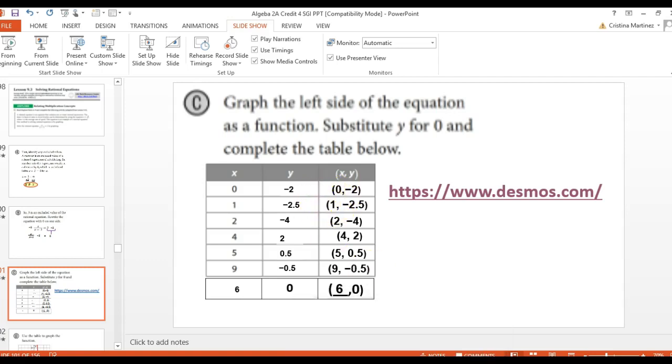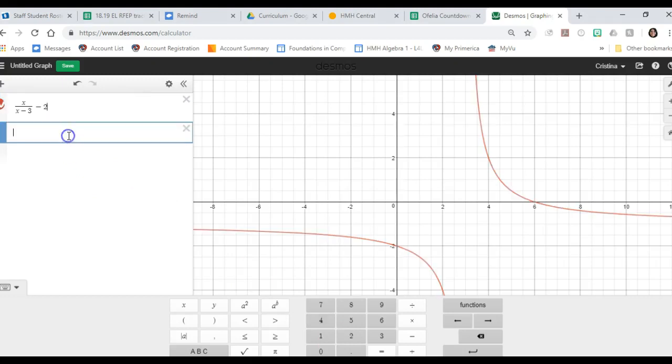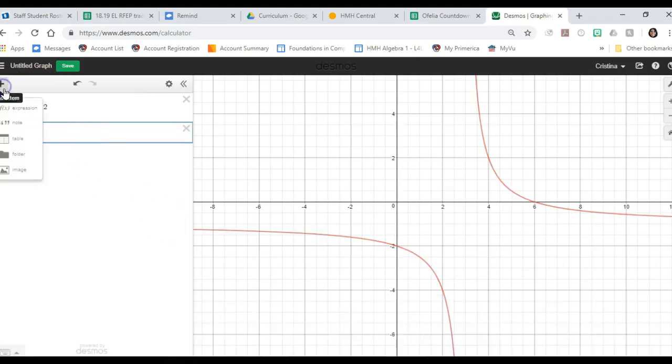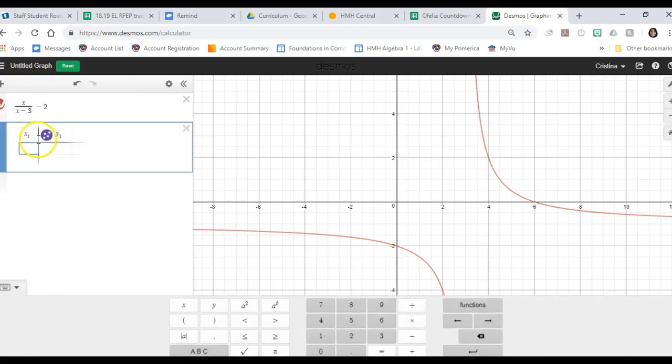So I'm going to go back to Desmos and say, I want to do a table instead of a graph. Show me my table. And I want my table to be x. And I think I'm going to try and copy and paste this here, if possible, so I don't have to rewrite it.